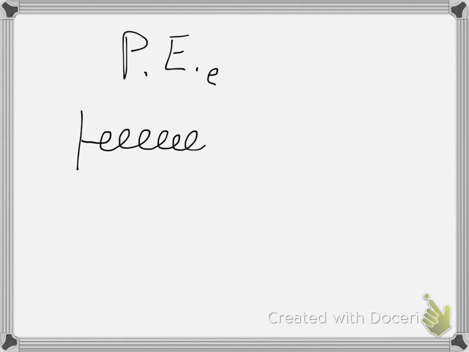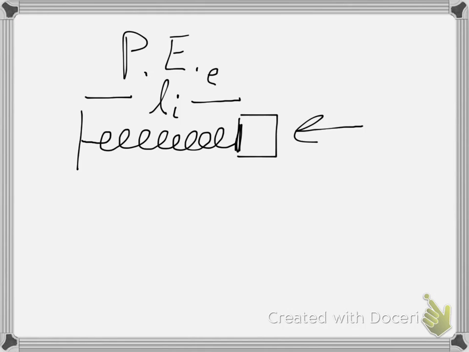So now let's look at elastic potential energy. And elastic potential energy has to do with springs. So let's say we have a spring here, and this is its equilibrium length. We'll denote that as L sub I. Okay, and let's say we attach a block to the spring and then compress it this way.